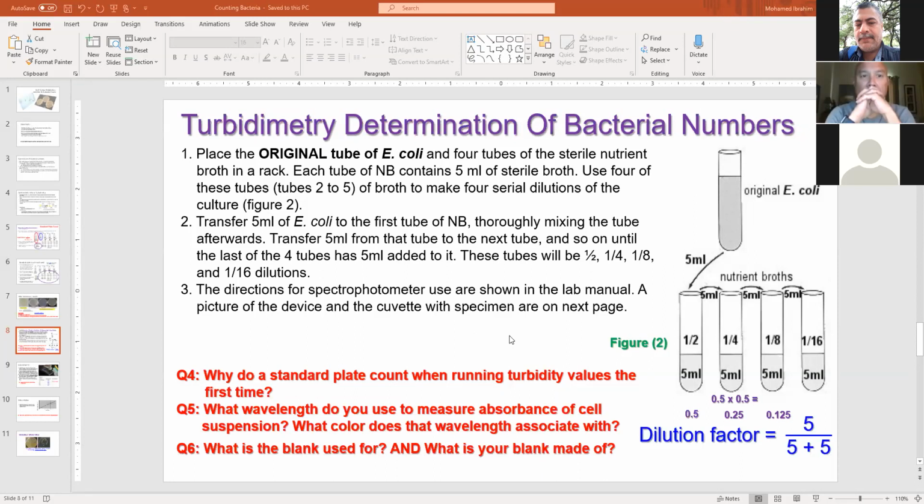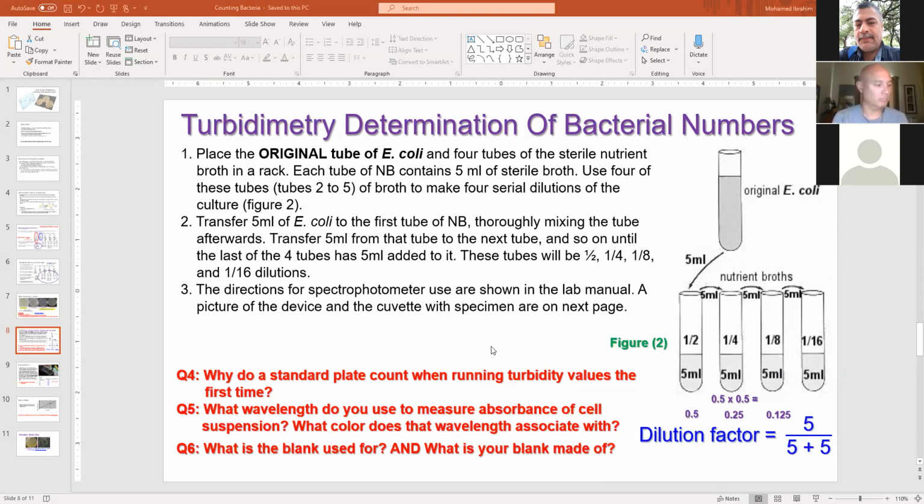So now, why? If I give you a culture of, say, E. coli, and I need you to tell me how many colony forming units per mL are in this culture, okay?